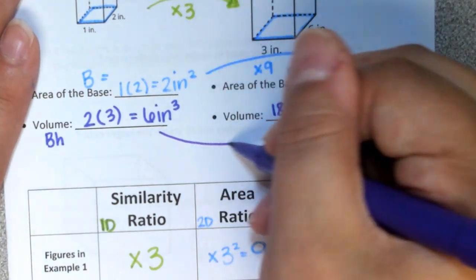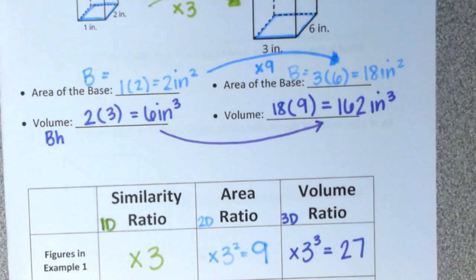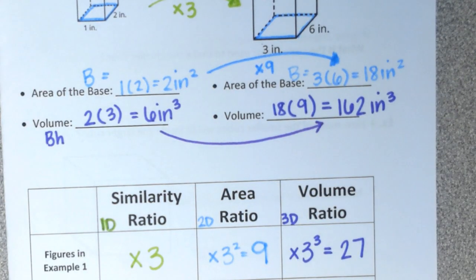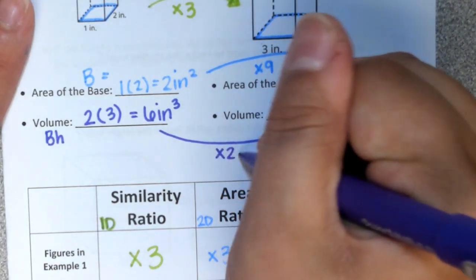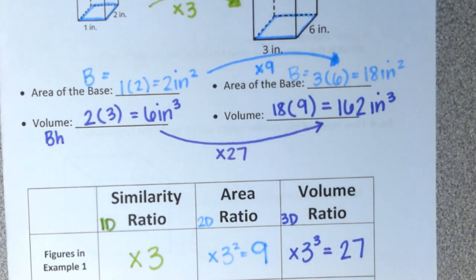How do we go from 6 to 162? I don't know that by heart, so I'm just going to do that in Desmos. 162 divided by 6 is, oh, looky there. Did that work out exactly like I said it would? This works every time if your solids are similar, meaning your dimensions change all the same.